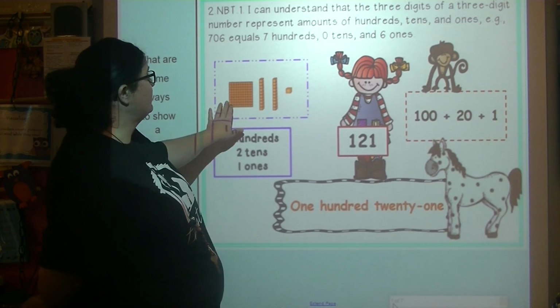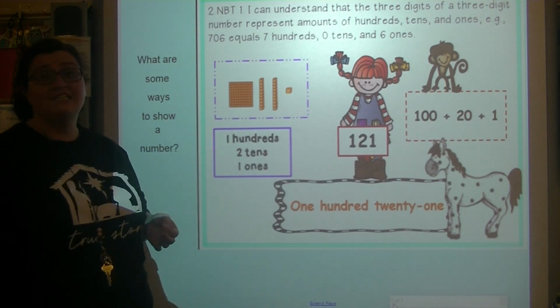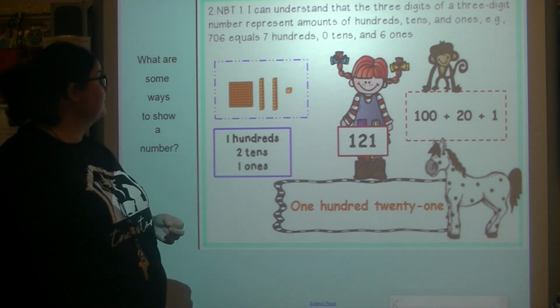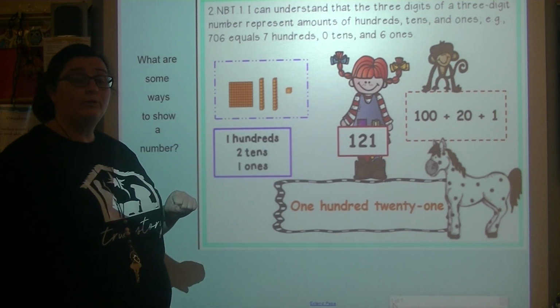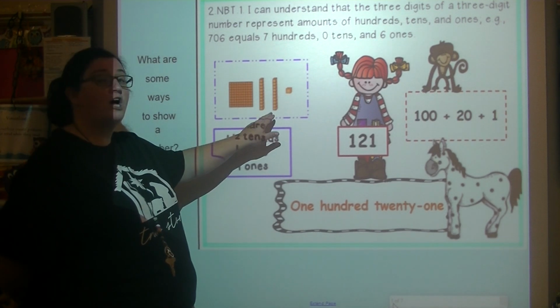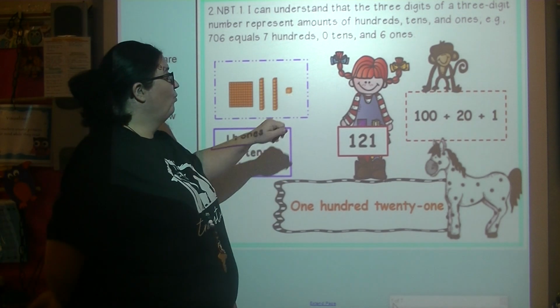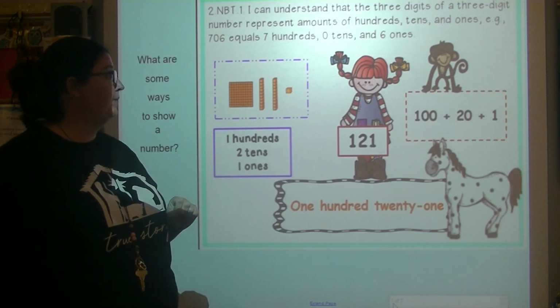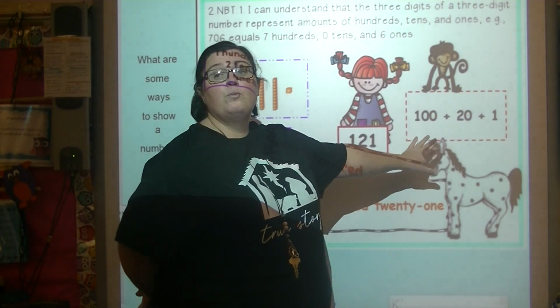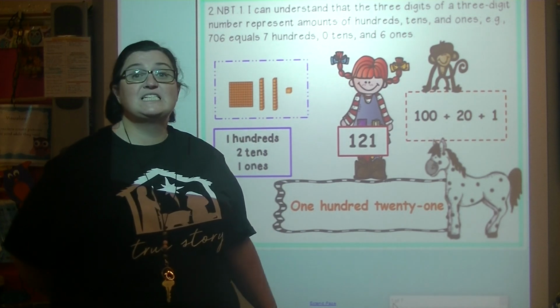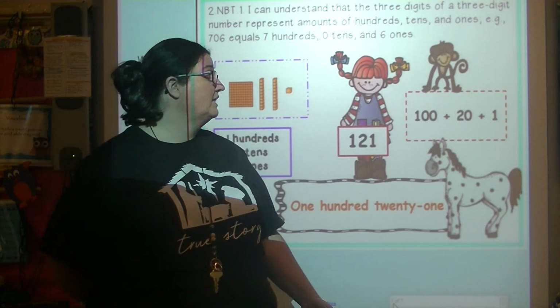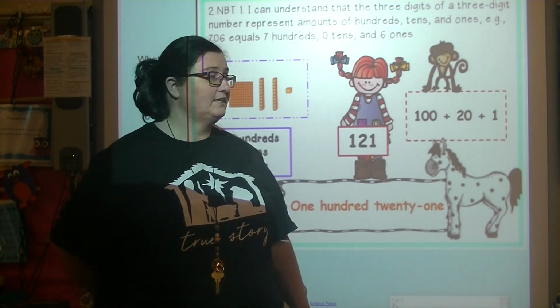Another way to do it is to use place value blocks. So we have one group of 100, 2 tall tens, and 1 ones cube. Another way to do it is to show expanded form. That means your place value fact.